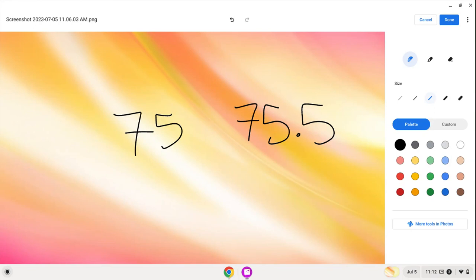So, which number is bigger? 75.5, right? Because it has the extra 0.5. So it's just a little bigger. And if this number is bigger, the sign is going to point at the smaller number and laugh at it, because 75.5 is bigger than 75.